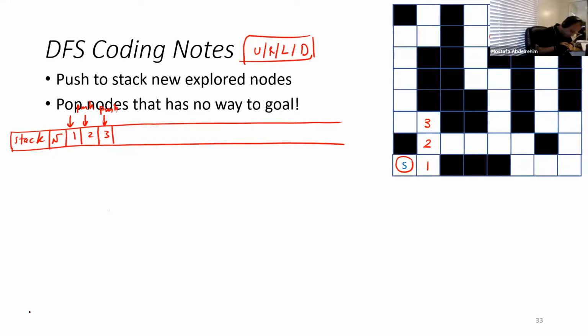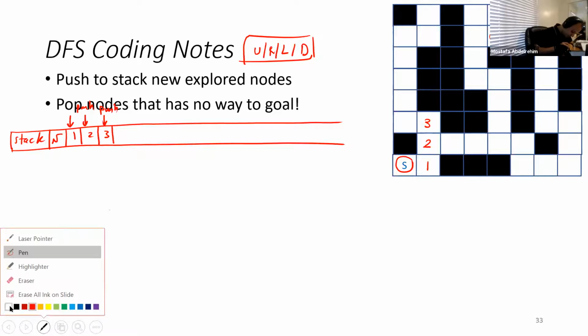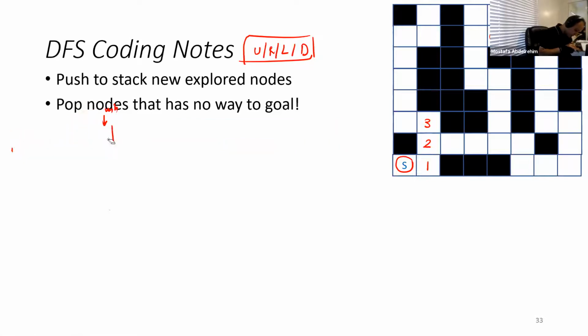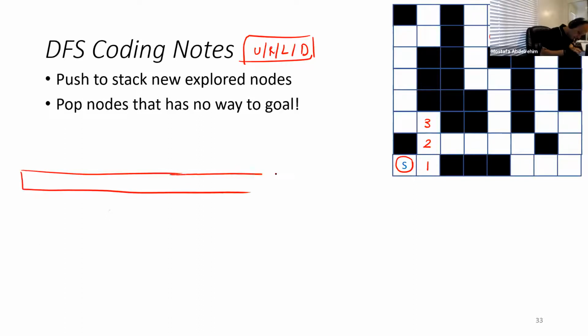Let's draw it a little bit, just to not mix with the writing. One, two, three. Now we are at 3. At 3, can we go up? No. Can we go right? No, but we can go left here. So this is 4. We start from 4. Can we go up? Yes, 5.